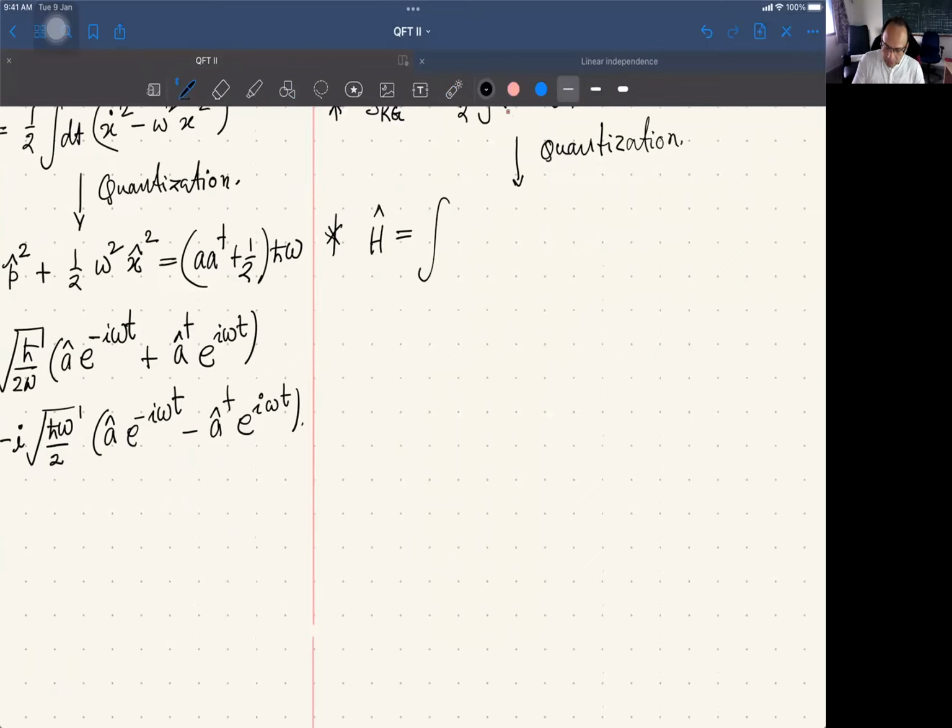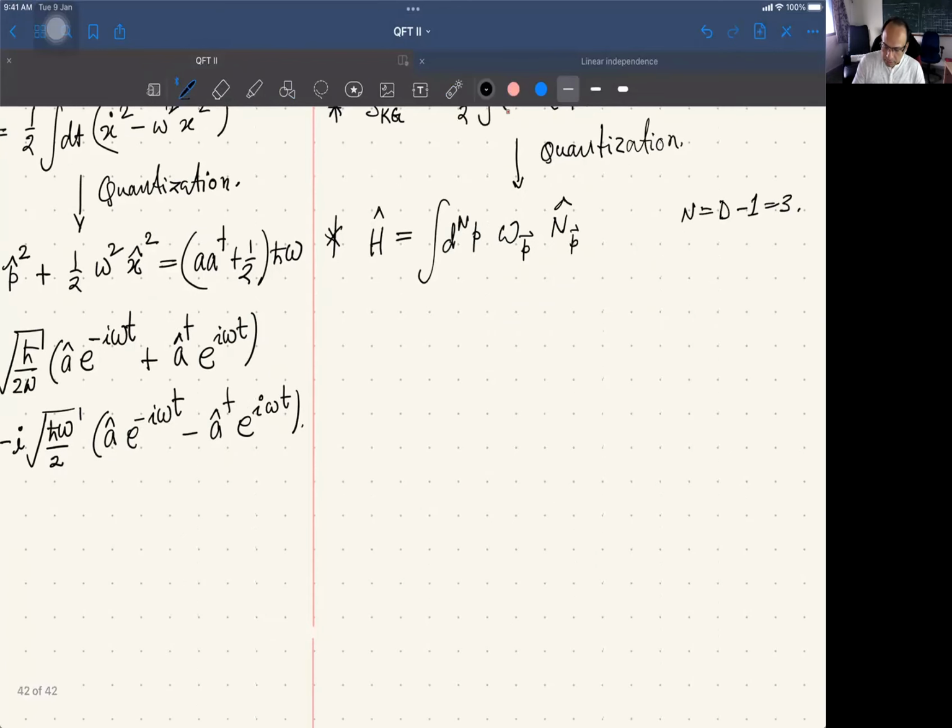So this is integral d^n p omega p times n hat p vector, where n is equal to d minus 1, which is equal to 3, the spatial part, and omega p is square root of p vector square plus m square, and n p is the number operator a p vector dagger a p vector.